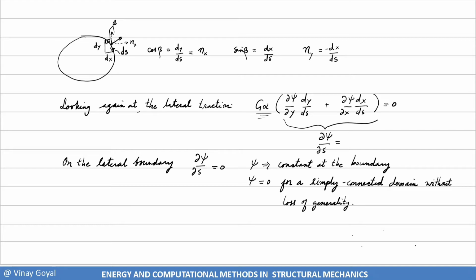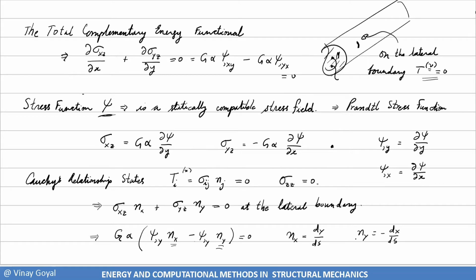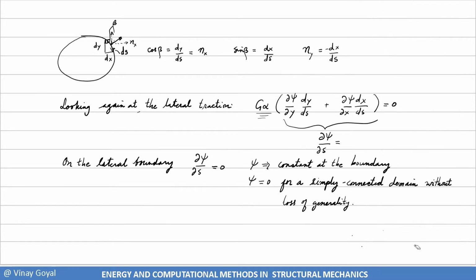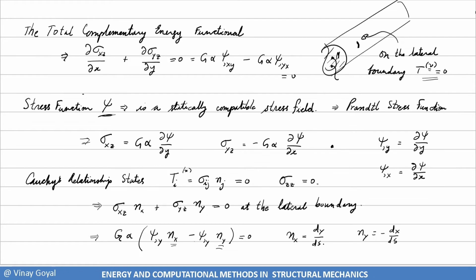We can start expanding a little bit more and trying to determine what is going on for our problem. So let's look at the total potential energy, but the complementary way. Again, these stress functions here satisfy the equilibrium equations exactly. So there's no approximation here. It satisfies that exactly. And not only that, I can satisfy this lateral boundary exactly, which remember, typically, we didn't do that.